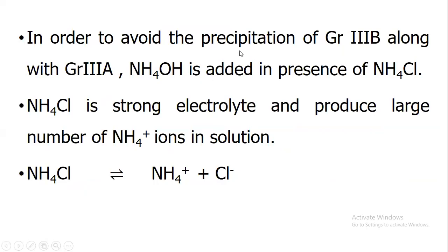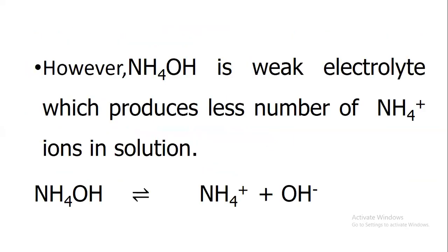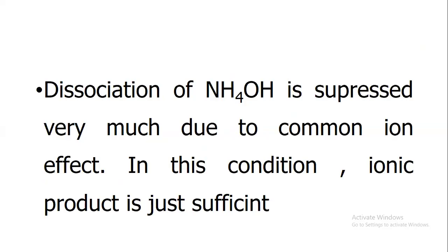In order to avoid the precipitation of group fourth along with group third, ammonium chloride, a strong electrolyte, is added, which produces a large number of ammonium ions in solution. However, ammonium hydroxide is a weak electrolyte which produces the least number of hydroxide ions. Dissociation of ammonium hydroxide is suppressed very much due to the common ion effect. In this condition, the ionic product is just sufficient.